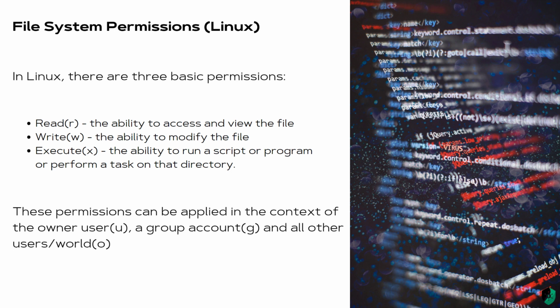Whenever commands regarding file system permissions are written, they're usually written in the context of the owner user, U, first, followed by the permissions that the group account will have, represented by G, and finally the permissions granted to all other users, represented by O.